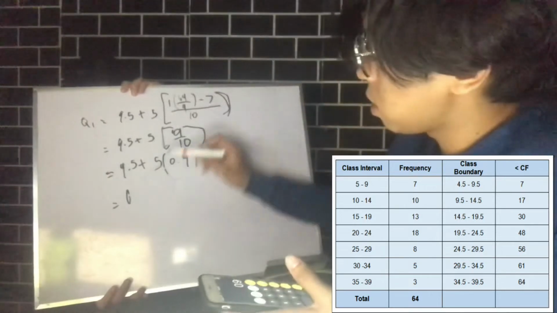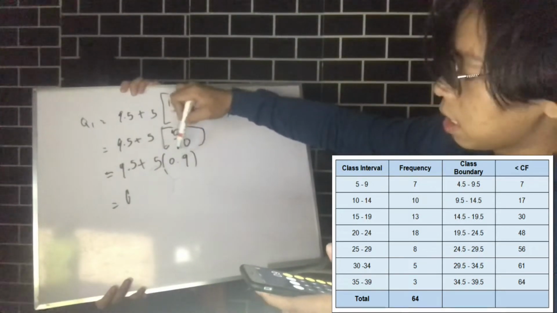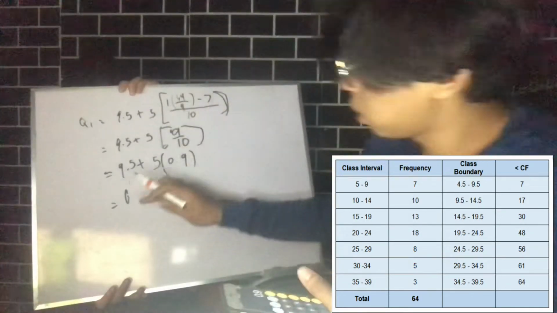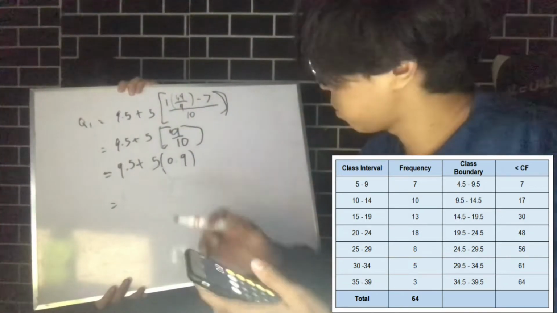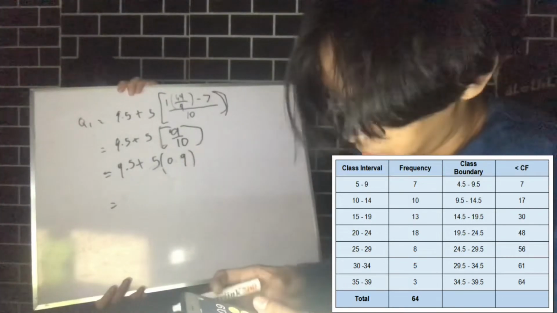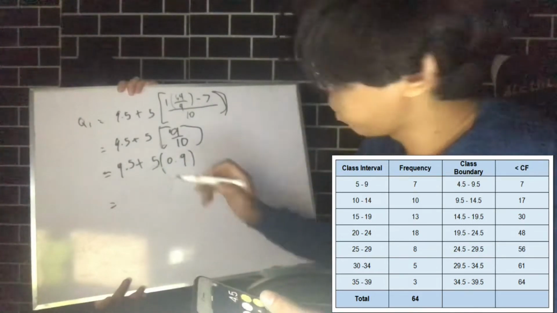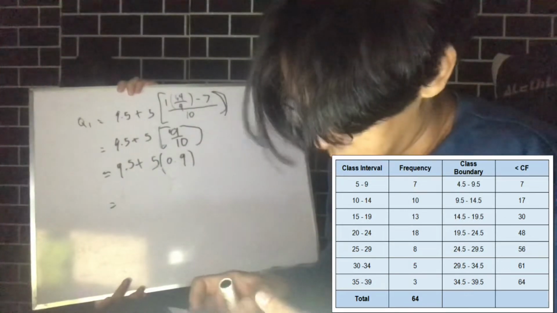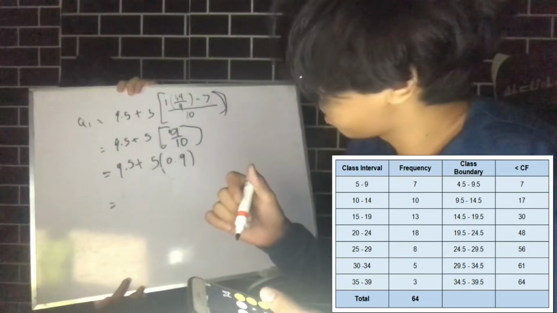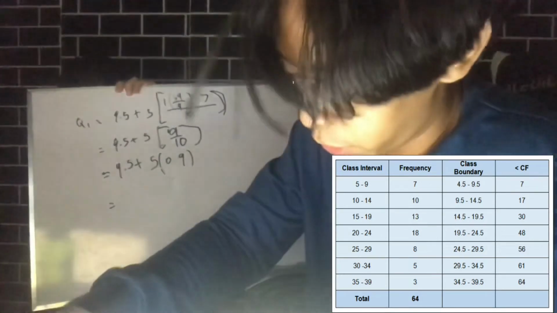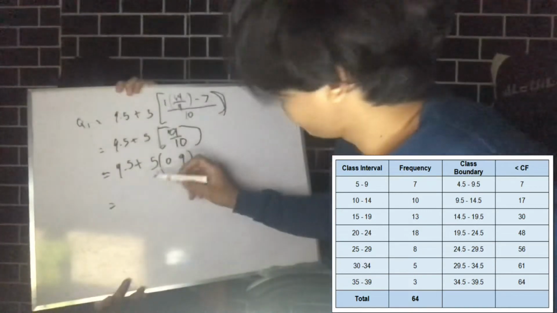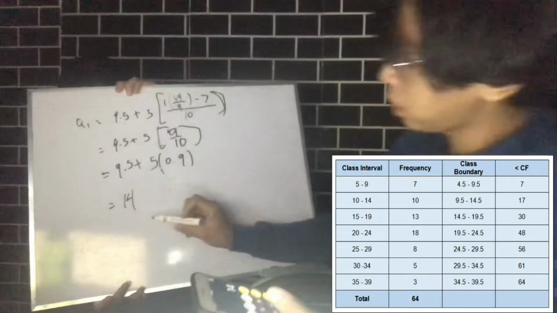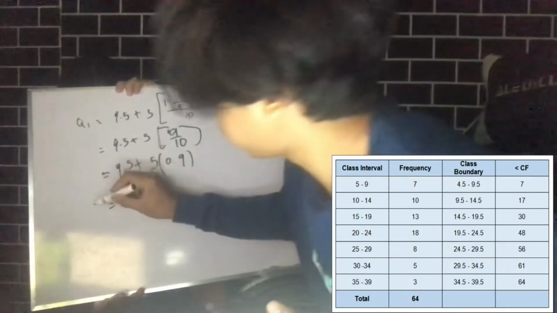So to get the final answer, we need to multiply this 0.9 to 5, then add 9.5. So the final answer is 0.9 times 5 equals 4.5. 4.5 plus 9.5 equals 14. 14 is the value of first quartile.